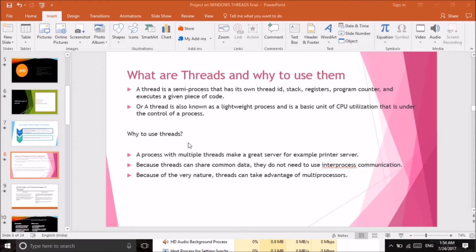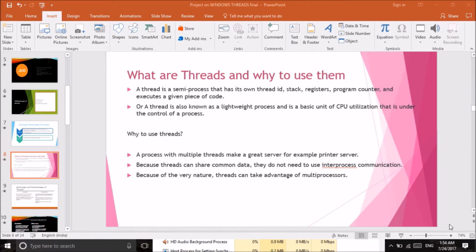So why do we use threads? A process with multiple threads makes a great server. For example, a printer server, where multiple users can access a single printer at a given instance. Because threads share common data, they do not need to use inter-process communication.